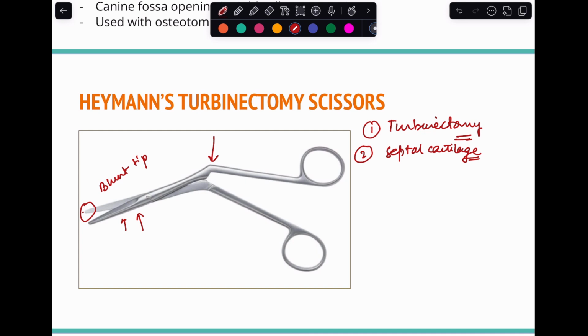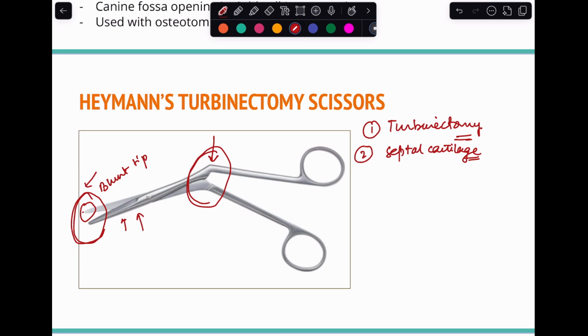And let's talk about a few advantages of this as well. First of all, as I mentioned already, this angled design gives you more visualization of the area when you're introducing the scissor. It is not obscuring your view. Second advantage that we have is the blunt tip. This reduces the chances of any accidental trauma to the septal flaps.